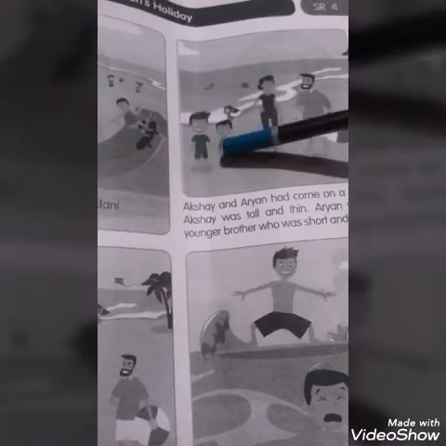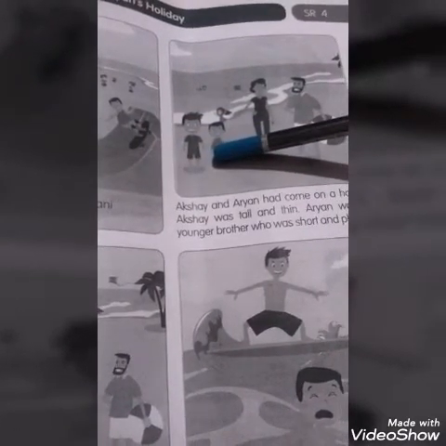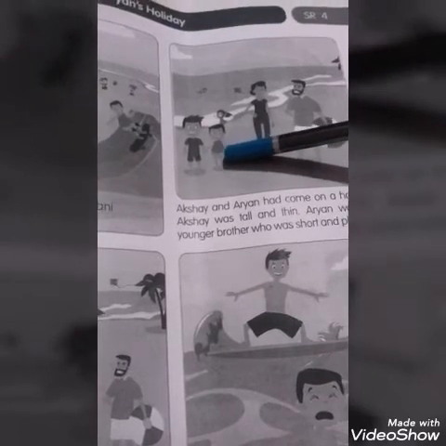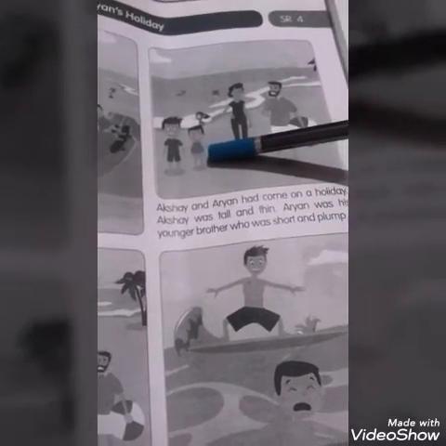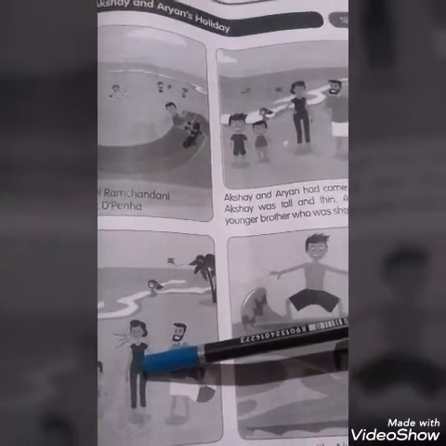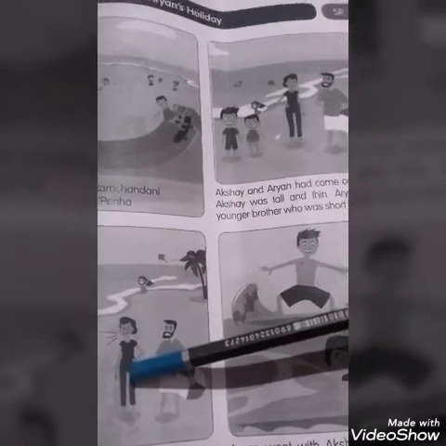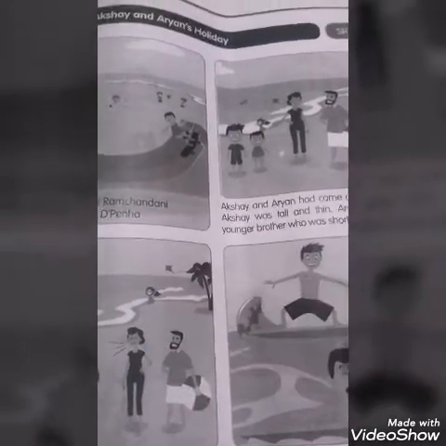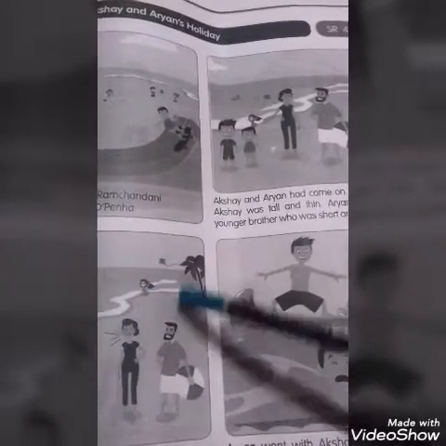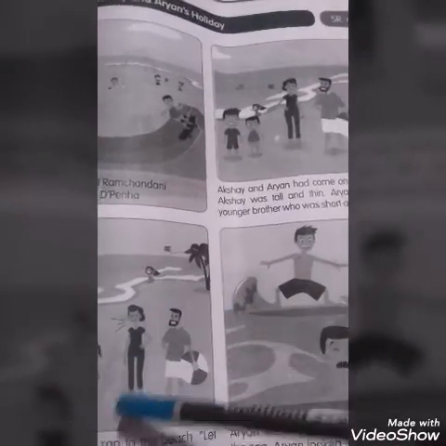So, Akshay was tall and thin. Aryan was short and plump, isn't it? And this is Akshay and Aryan's mom. So this place is, what is this? It is beach. Okay.